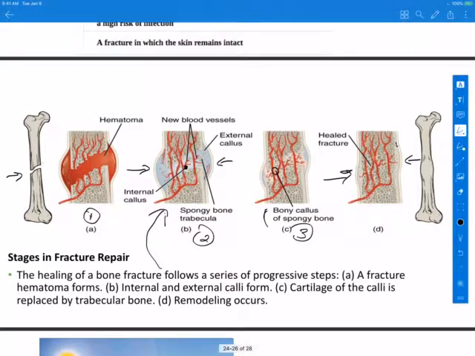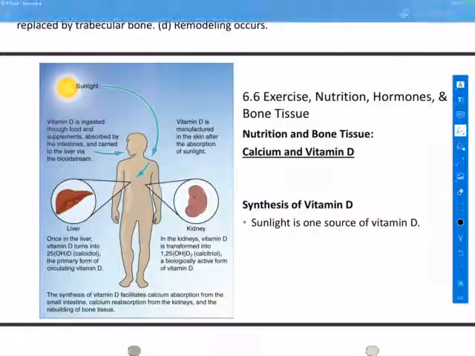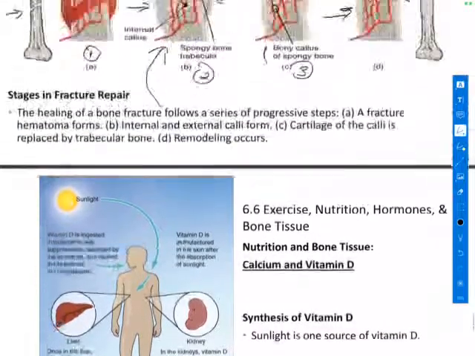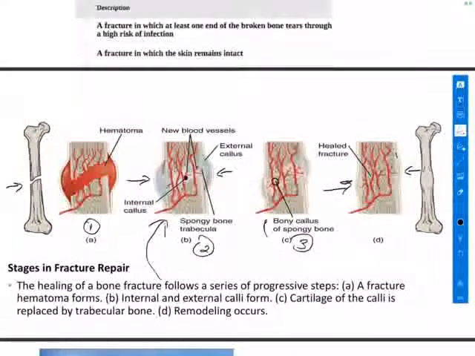So initially we're using cartilage to unite the bone, and then the periosteal chondrocytes and the osteoblasts create the external callus of cartilage and bone.